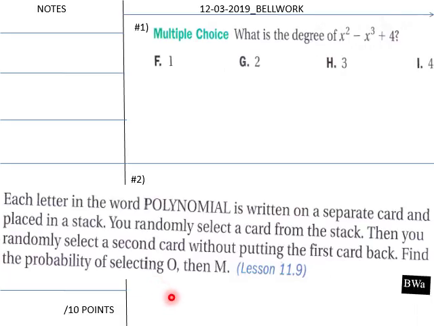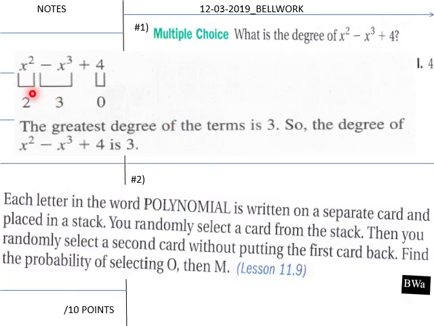Okay, welcome back for our solutions. Our degree here: the greatest degree is of this term here, which is a third degree term. So the degree of this expression will be 3.